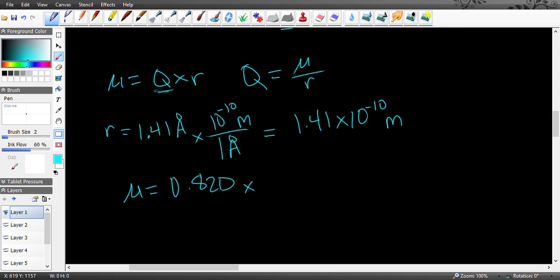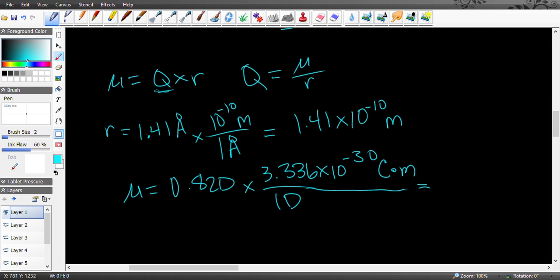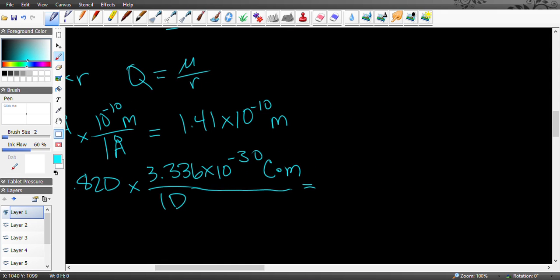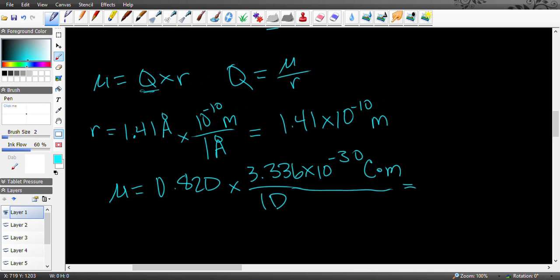So 1 debye over, not one direction, one debye, 3.336 times 10 to the negative 30 coulomb meters. And that will give you, I'll write it down here so it's easier to see, 2.74 times 10 to the negative 30 coulomb meters.